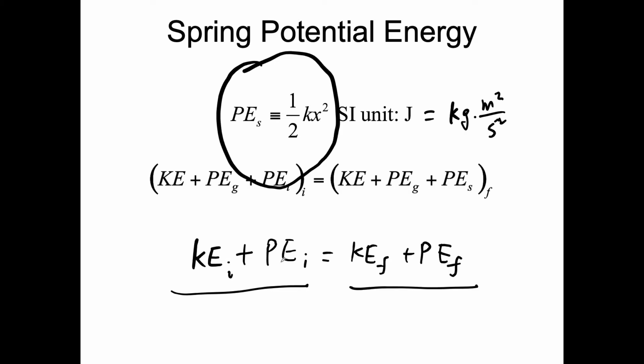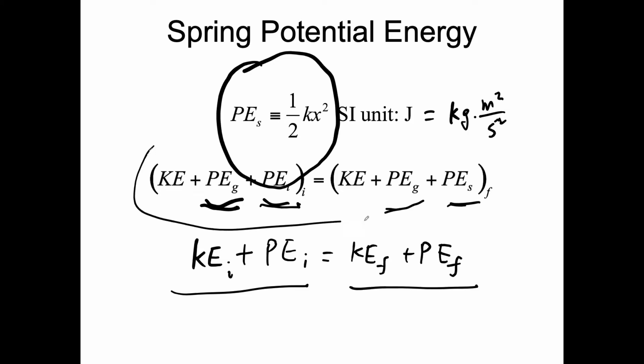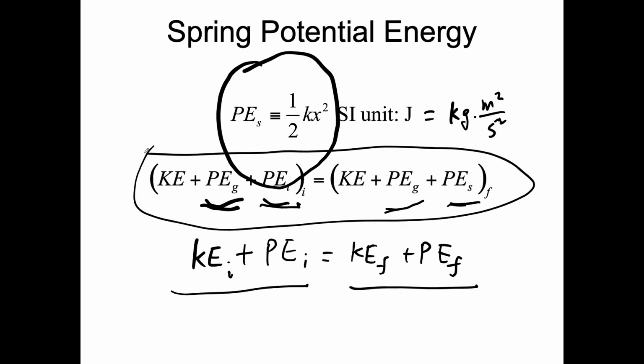Now the difference is this time for potential energy we have two different kinds: gravitational potential energy and elastic potential energy. So if there are both gravitational force and the spring force, we need to use this equation for energy conservation.